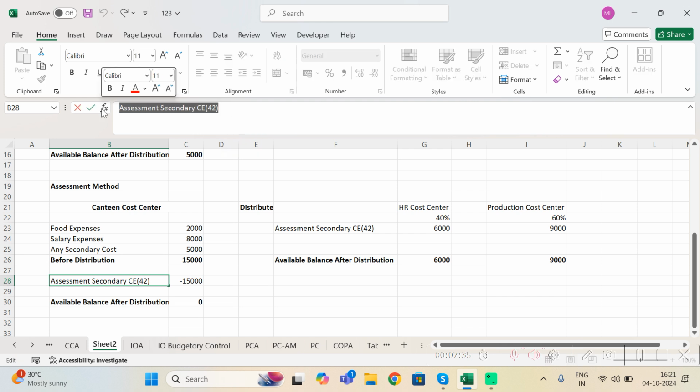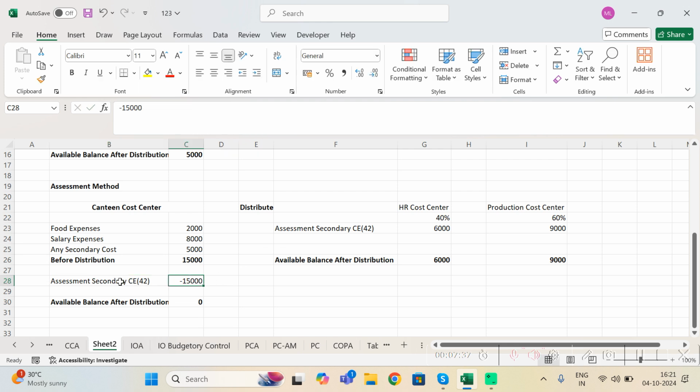This is the secondary GL, it will credit here. So here one GL you have to create with cost element category 42. This GL will come into the picture and it will make everything, including any posting done in the secondary cost element, including every balance, it will become minus here.